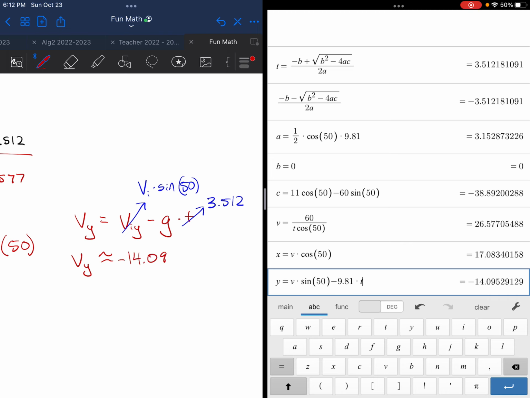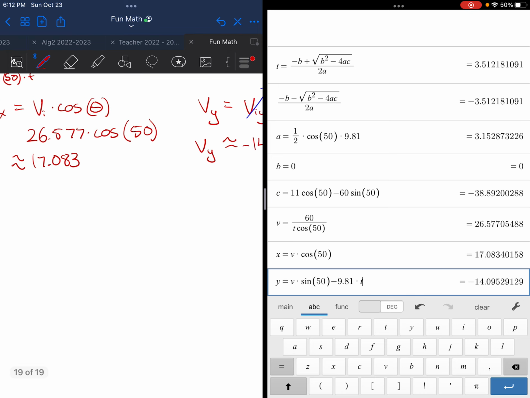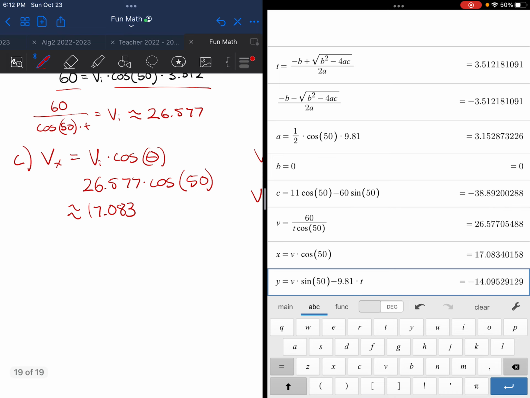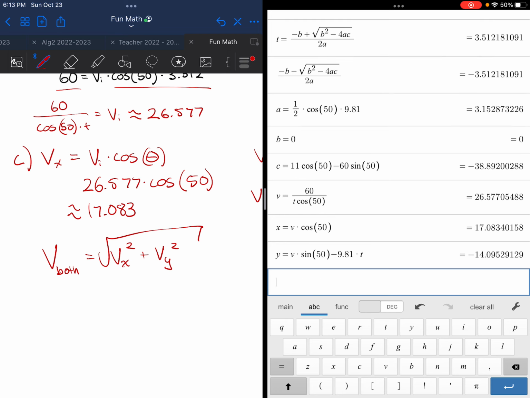14.095. To get the actual speed overall, you need to do that formula that I was mistakenly doing in part B, which is the velocity of both directions: the velocity of the x squared plus the velocity of the y squared, and then you square root those. So I can just do that on my calculator over here.